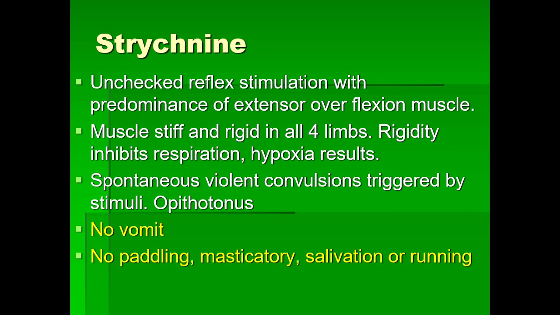Any external stimulus will trigger spontaneous violent convulsions and opisthotonus. Some features that are relevant compared with other convulsive agents is that it does not cause vomiting, paddling, chewing, salivation, or running fits like we saw with sodium fluoroacetate.